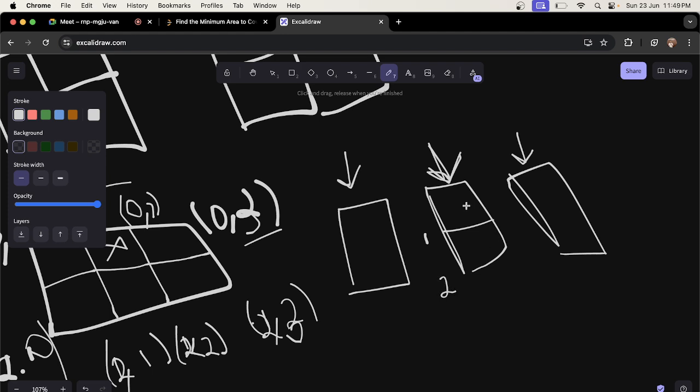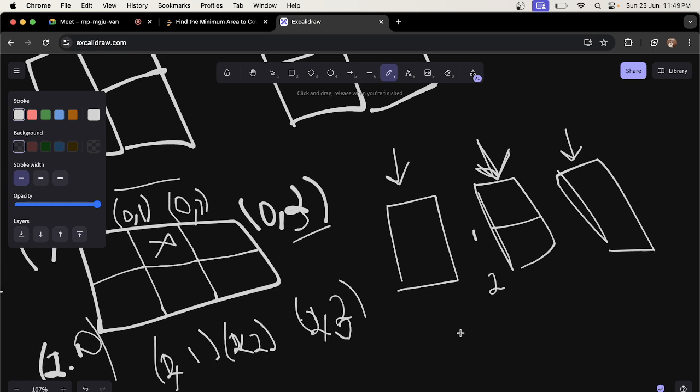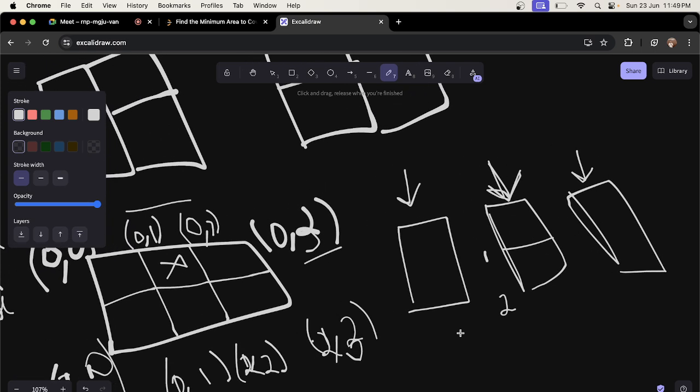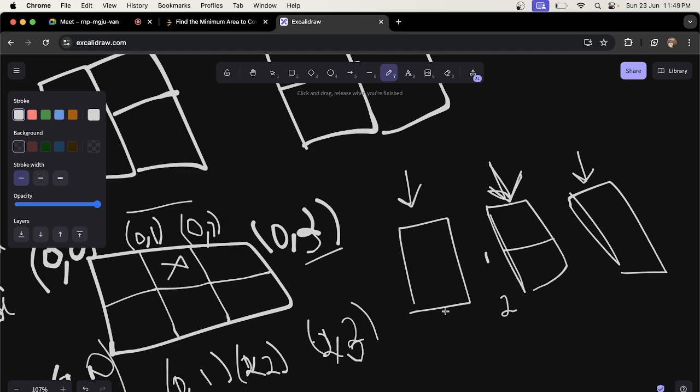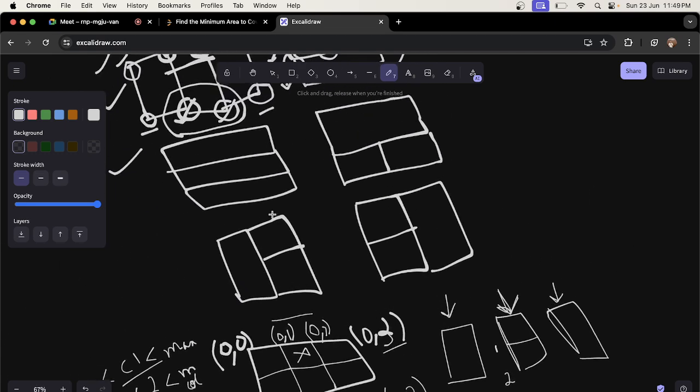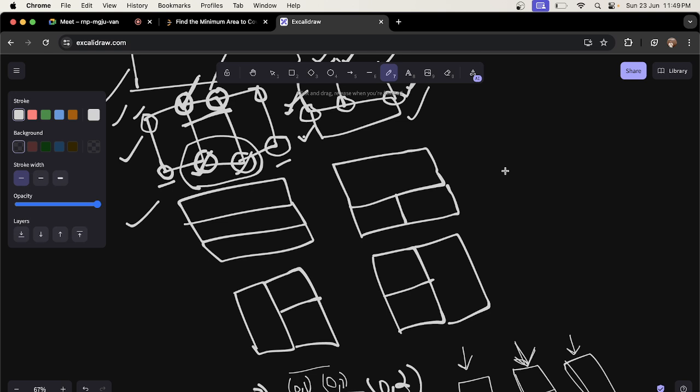So we have to find the bounding box, the tightest box which ignores all the zeros on the boundary and only contains ones. So that will be the second. Okay, got it. So basically first you have to find which division gives you the most optimal answer, so you have to try all of those.